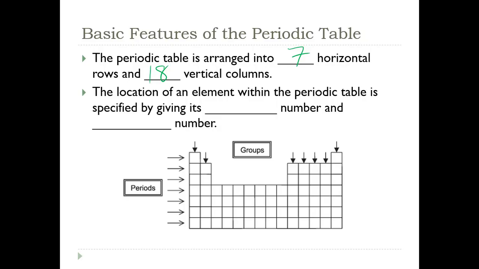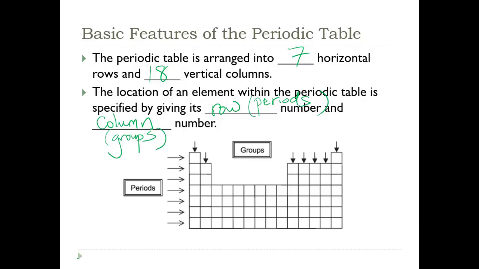The location of an element within the periodic table is specified by giving its row number and its column number. We'll come to this in probably the next slide, but rows on the periodic table are called periods and columns are called groups.